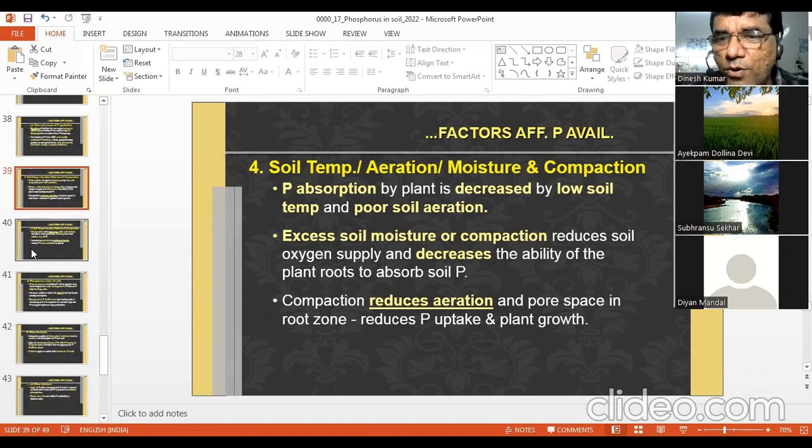Excess soil moisture or compaction reduces soil oxygen supply. So excess soil moisture means waterlogging conditions or compaction by machinery or by some other means reduces soil oxygen supply. That is the problem, and it results in decreased ability of the root to absorb soil phosphorus. Compaction reduces aeration and pore space in root zone, thus reduces P uptake and plant growth.